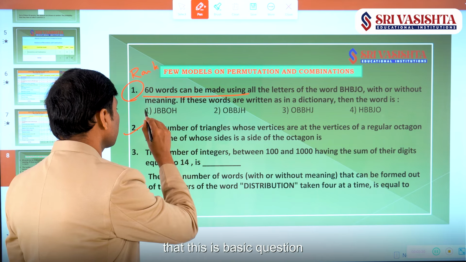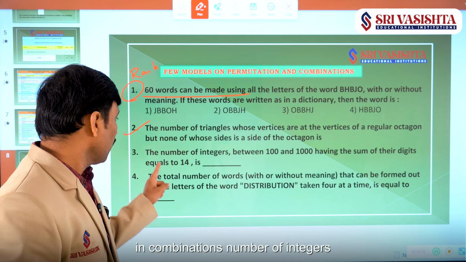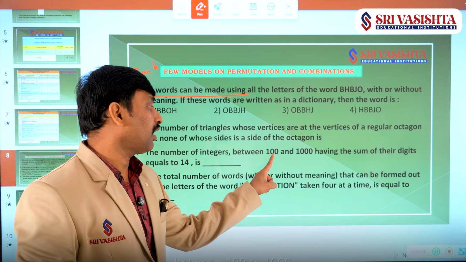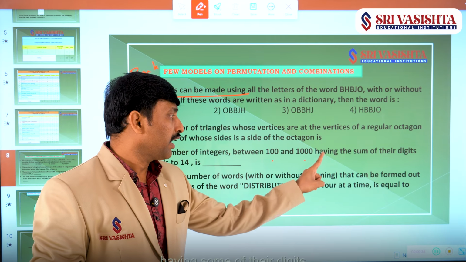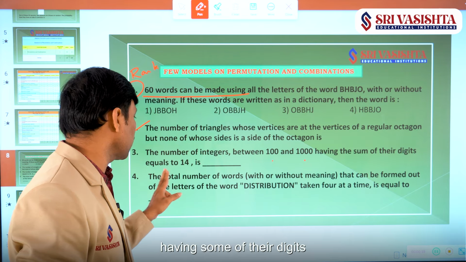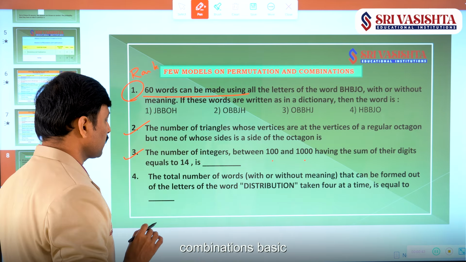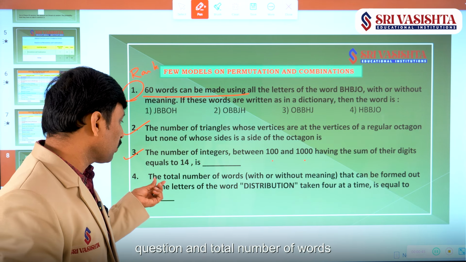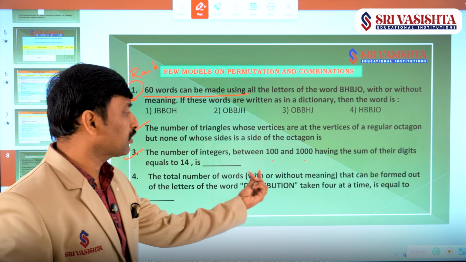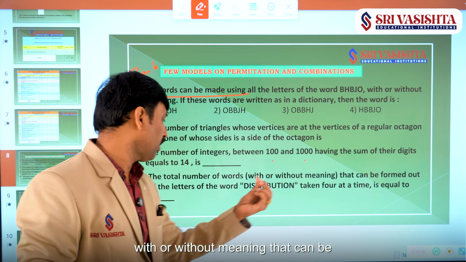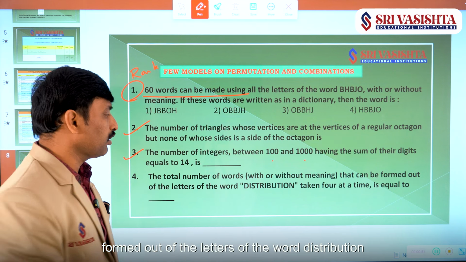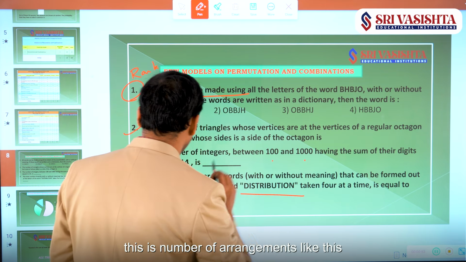This is a basic question in combinations. The number of integers between 100 and 1000 having the sum of their digits equal to 14 is a basic combinations question. And the total number of words, with or without meaning, that can be formed out of the letters of the word DISTRIBUTION is a number of arrangements question.